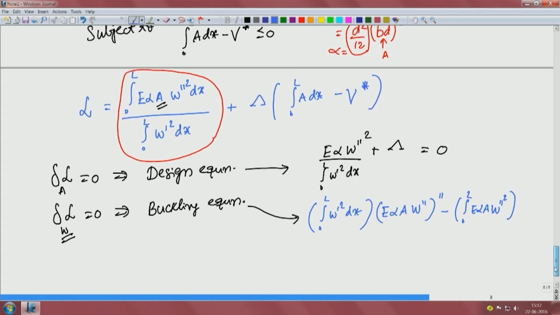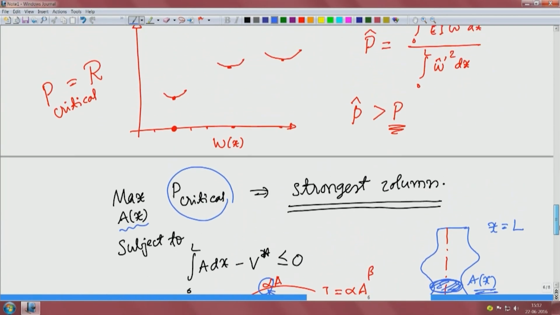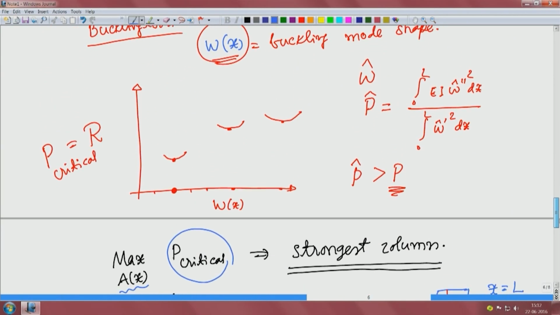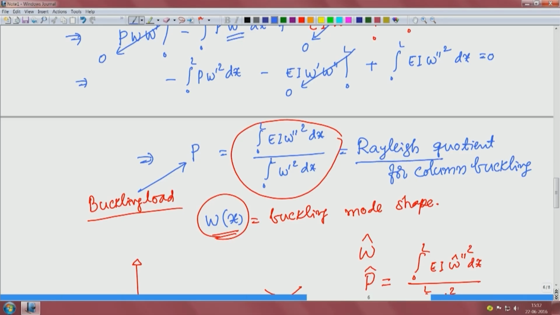So, we have to make one little change, which is actually important, because we missed it. When we derived this Rayleigh quotient, we assumed a uniform cross section.